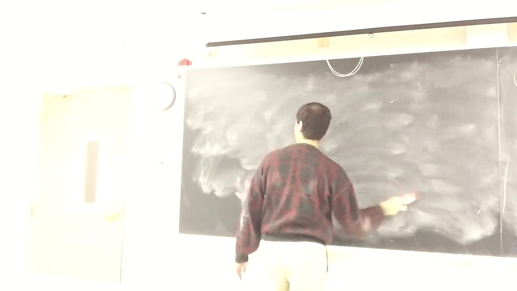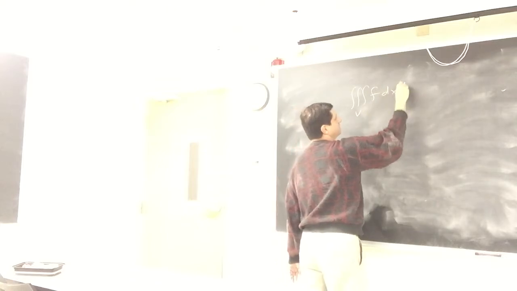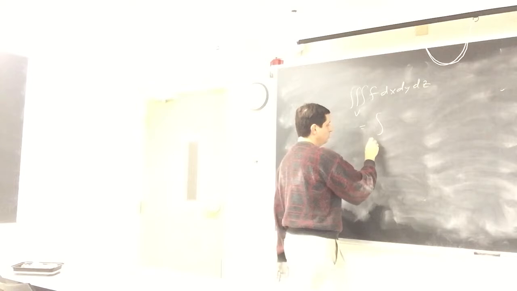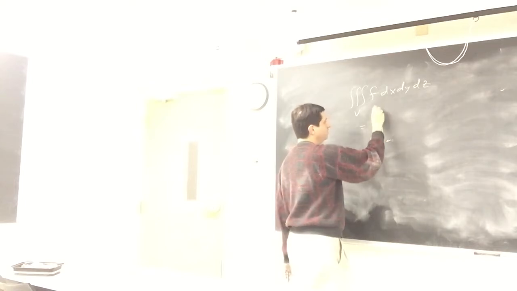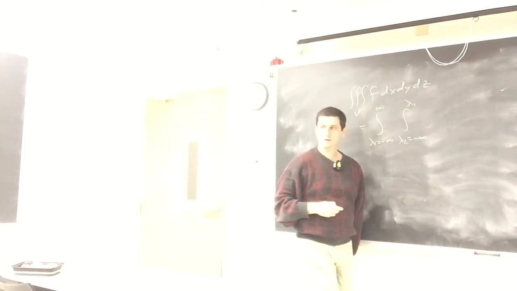So now we can do our integration. And now we get that the integral over v of f dx dy dz is our integral. So lambda 1 goes from minus infinity to infinity. Lambda 2 goes from minus infinity to lambda 1. And then theta goes from 0 to 2 pi.